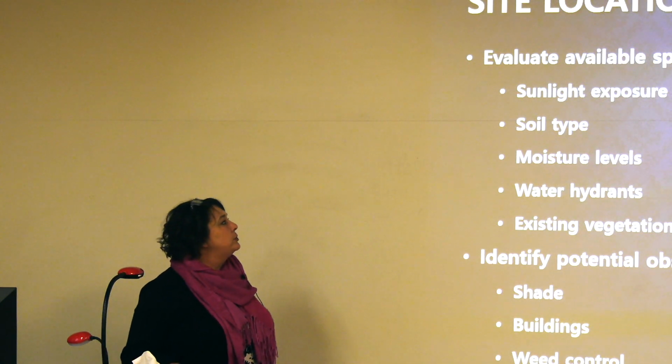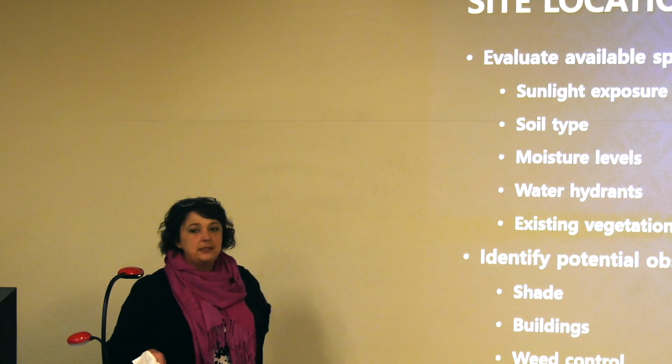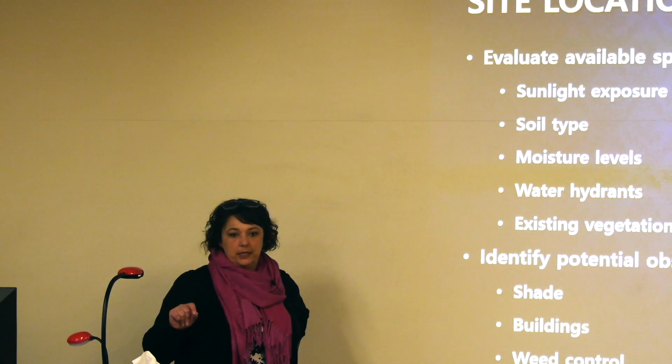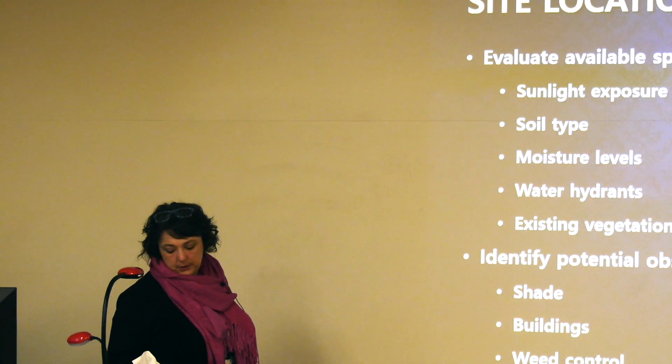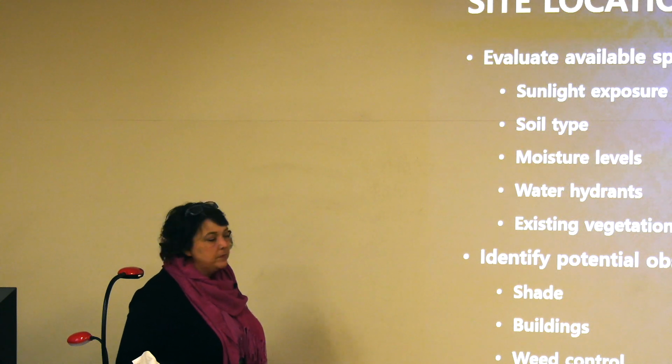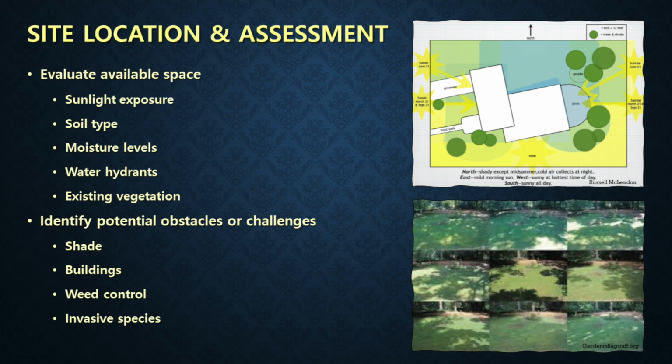You need to also choose a location in your property that has at least 6 or more hours of sunlight. That's very important. Take note of how the sunlight moves across the location that you're thinking about, and this is an image. These pictures are probably taken at least every hour, and it shows how the sunlight moves through your area.